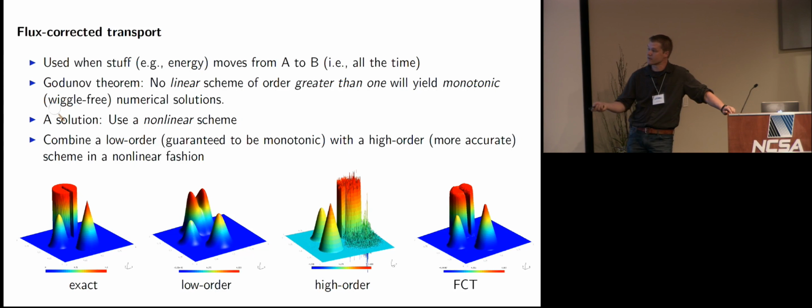Otherwise, we get either these kind of solutions that are too diffusive, we lose the solution, or something like that that eventually blows up. This is, by the way, just these objects rotating.